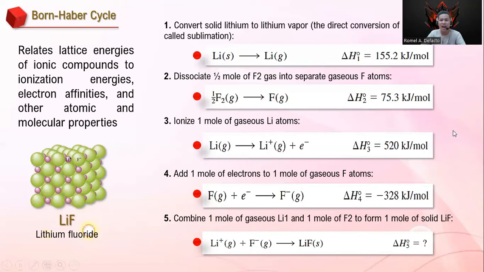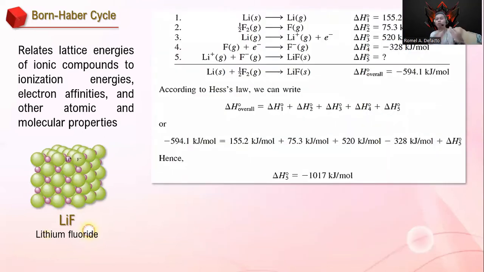So in that case, how do we know the energy? Very simple. We add all of them, and then we can create an overall expression based on Hess's law. So we can write that the overall energy is simply equal to the sum of all of their energies.